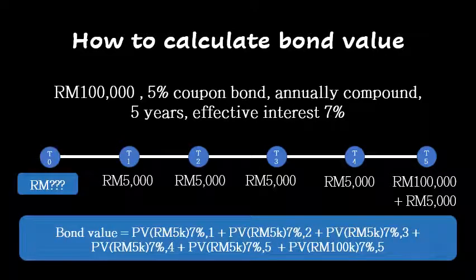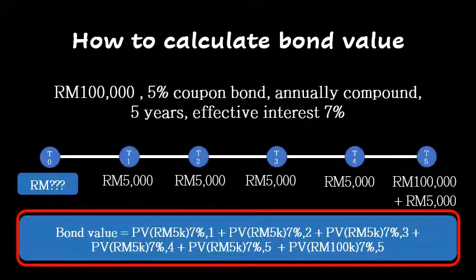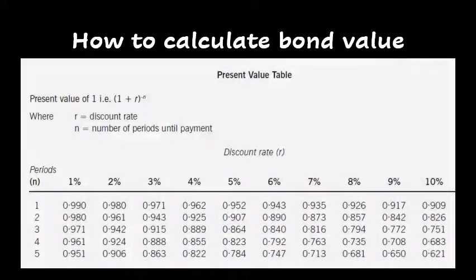Or you may use the present value table, since we already know that we need to present value all the annuity and the nominal value at maturity. This is how we write it. If you look at the present value table, look for the rate 7% effective rate, and look for the number of periods till maturity.